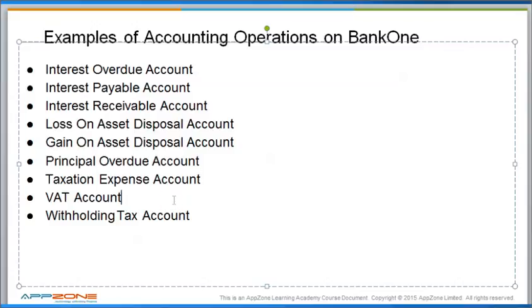We also have an account called VAT account. VAT account operation houses VAT charge on some customers. For example, if a customer requests for an ATM card, there's a VAT on that service.